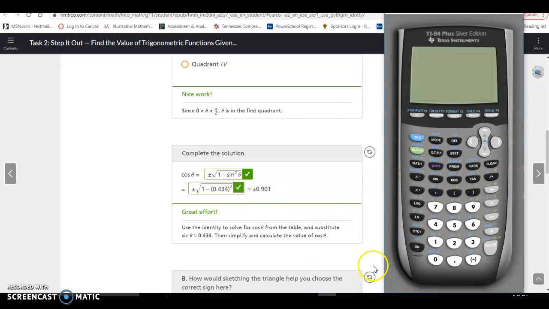So if you use your calculator, all right, we can do square root, and we're going to do 1 minus 0.434, and I'm going to square that number, and I'm going to hit enter, and it's going to give me approximately this number here.